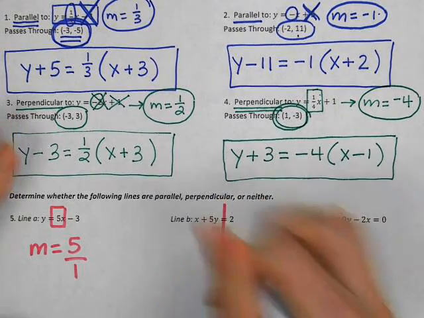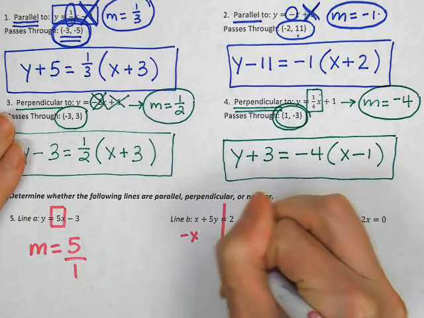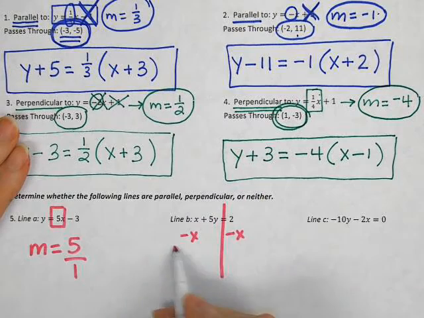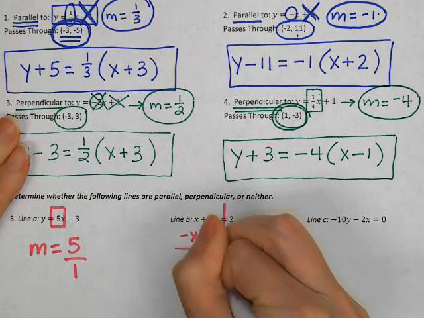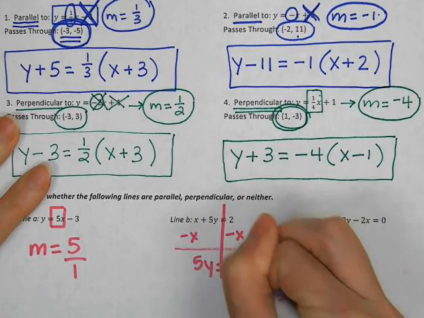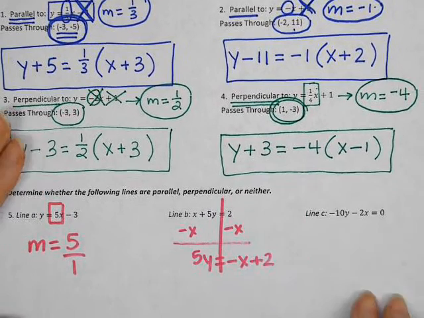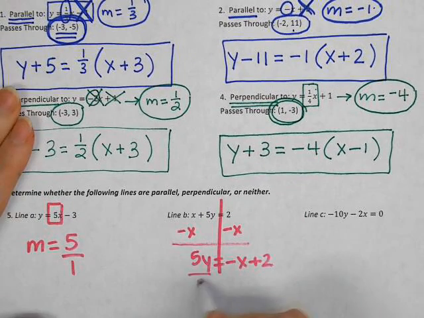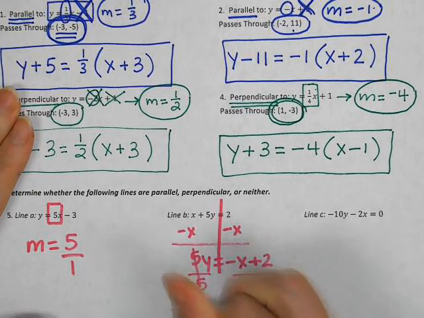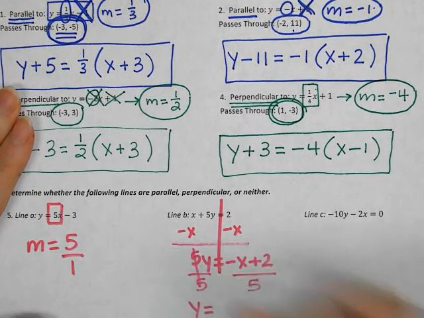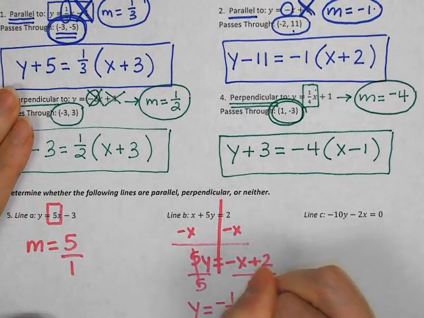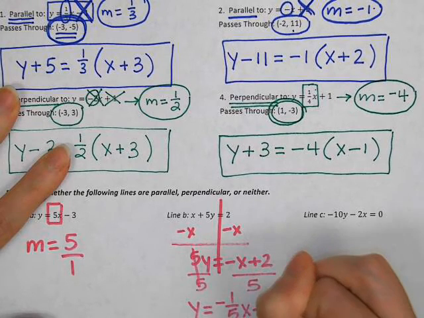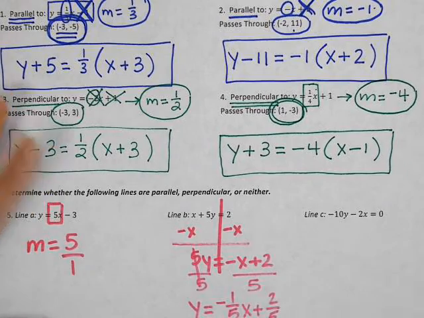So we need to subtract x, we get 5y equals -x plus 2. And then we have to divide by 5, and we get y equals -1/5 x plus 2/5.